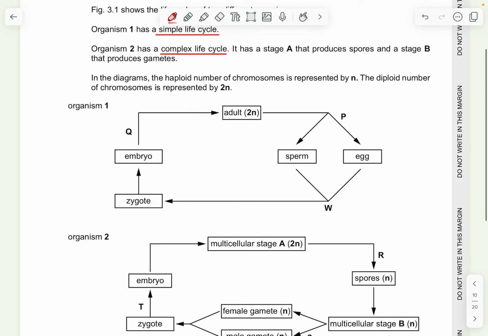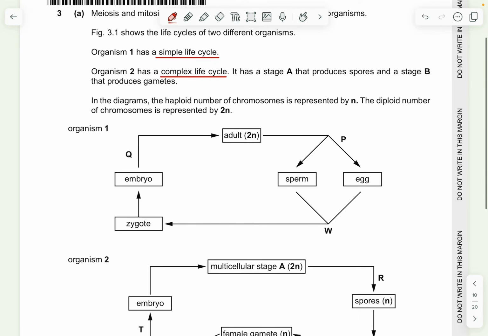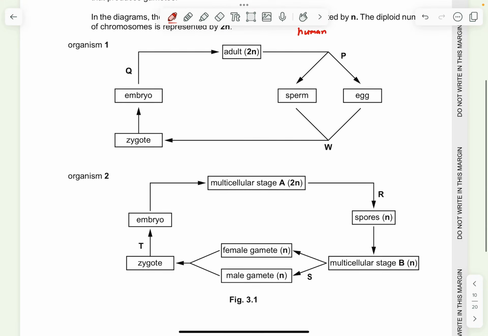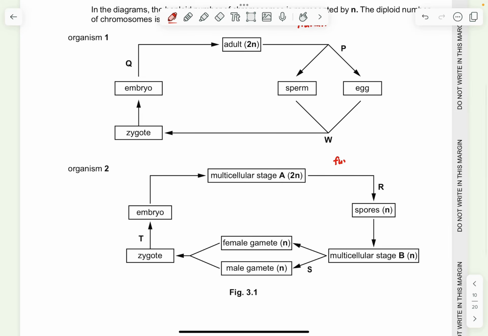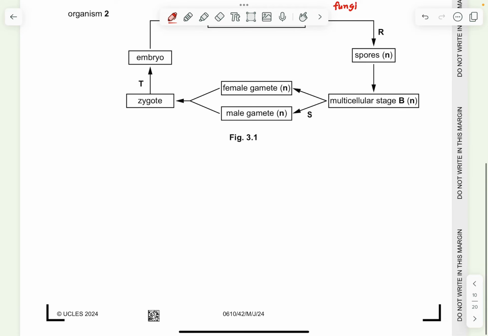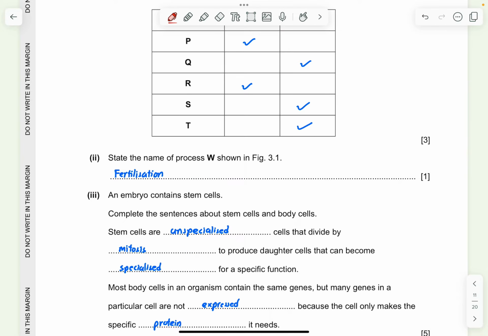In the diagrams, the haploid number of chromosomes is represented by N and the diploid number by 2N. One is a simple life cycle, which could be the human. Organism 2 reproduces by spores, so this is most likely a fungus. Now let's see the actual questions.